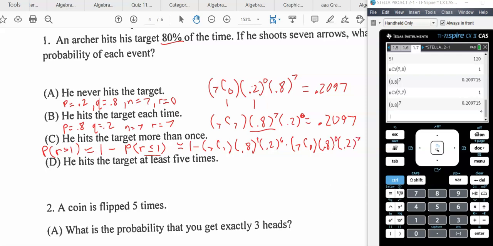You type that all in your calculator, so it's 1 minus all that multiplied together, basically. So the R value of 1 and the R value of 0 there. And you'll get an answer. I'm not sure what the answer is. I don't have it written down.